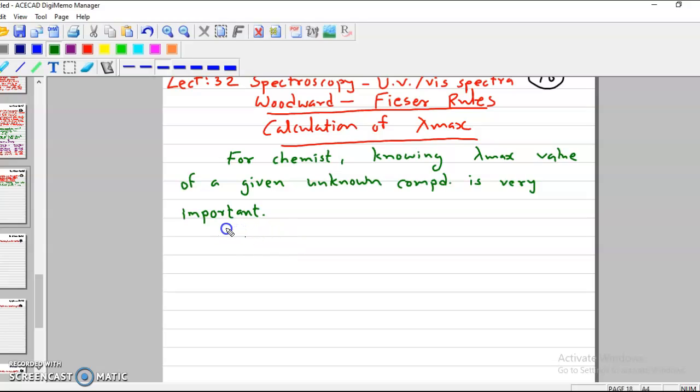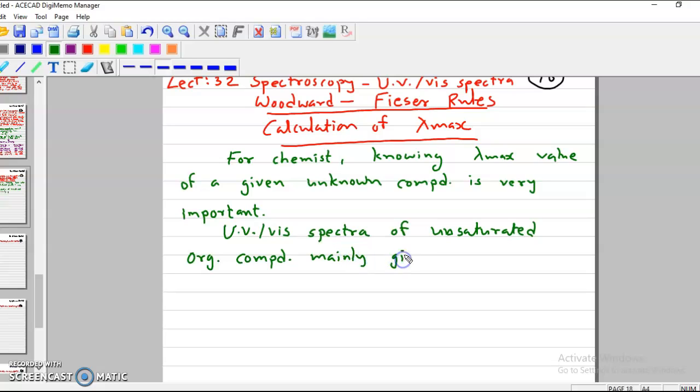So, UV visible spectra of unsaturated organic compounds mainly give bands in the region of 200 to 800 nanometer.